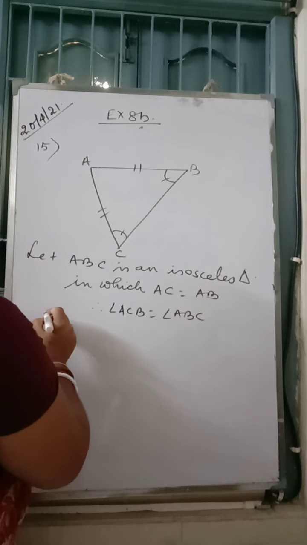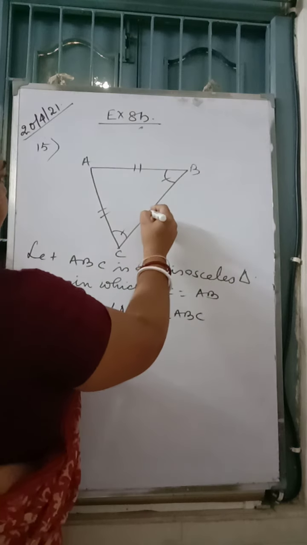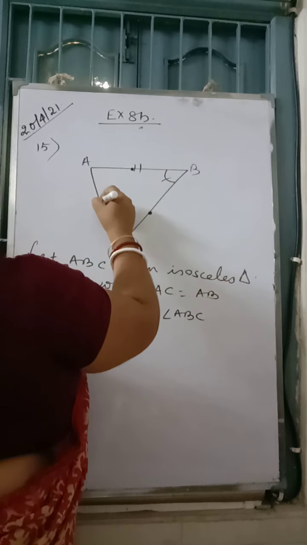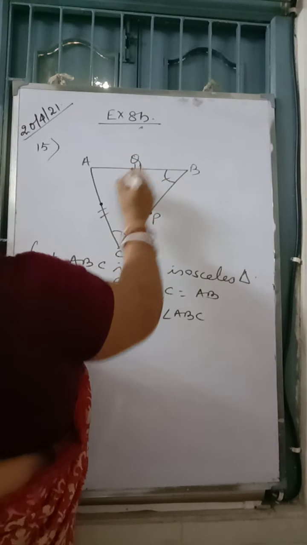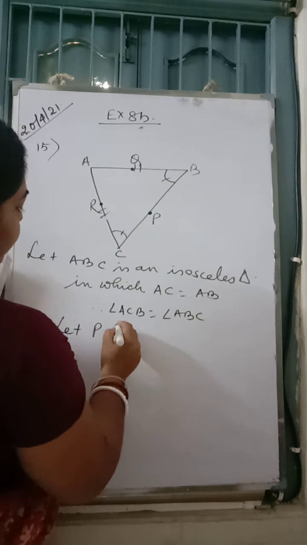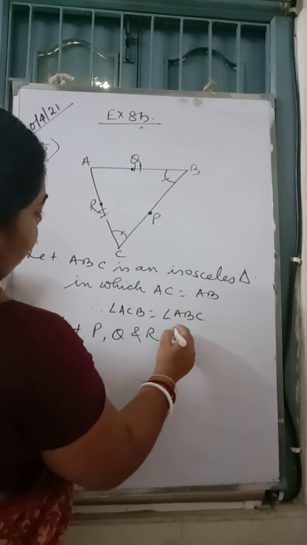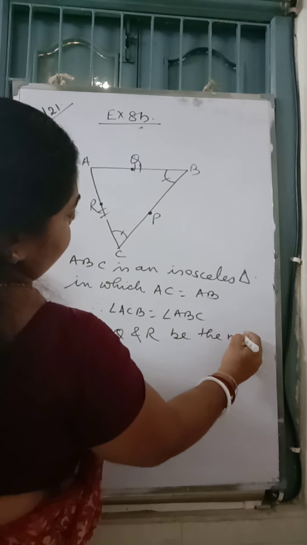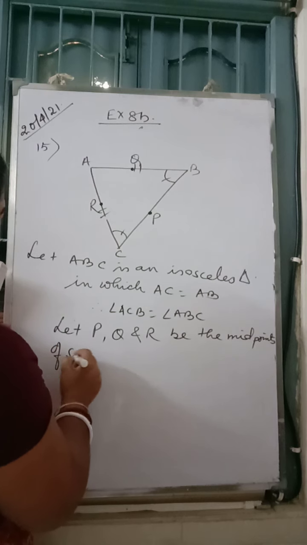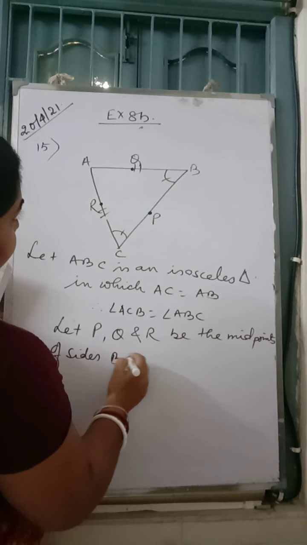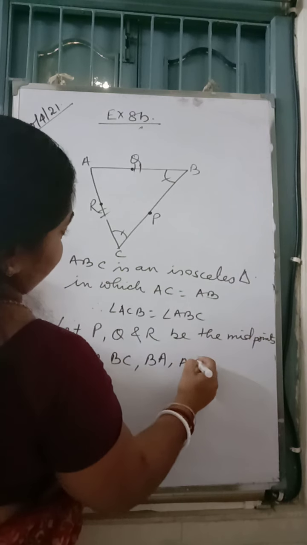Now, to prove: let P, Q and R be the midpoints of sides BC, BA and AC respectively.